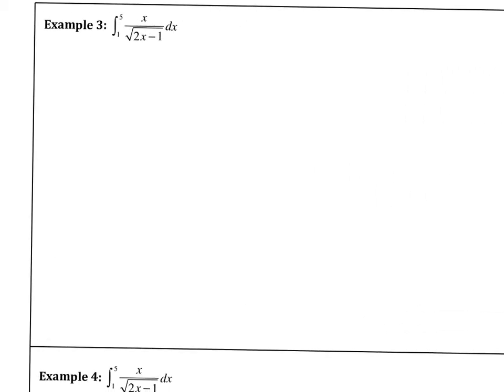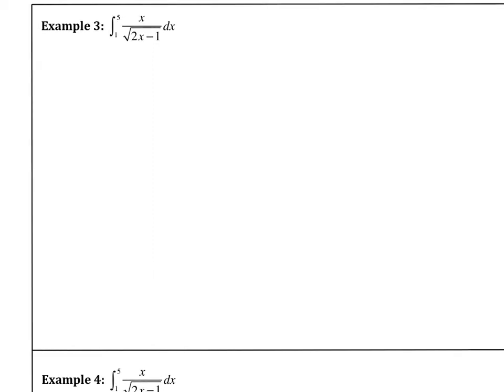But we learned how to handle this last time, right? If I let u equal 2x, my derivative should be 2, and that doesn't work. And if I let u equal x, my derivative should be 1, and that's not working either.